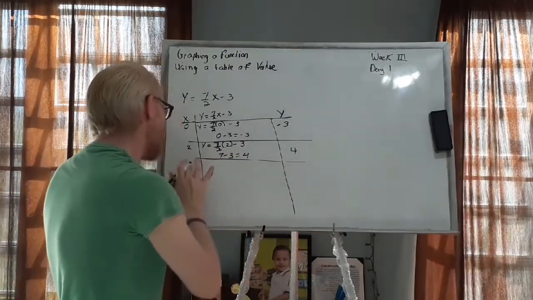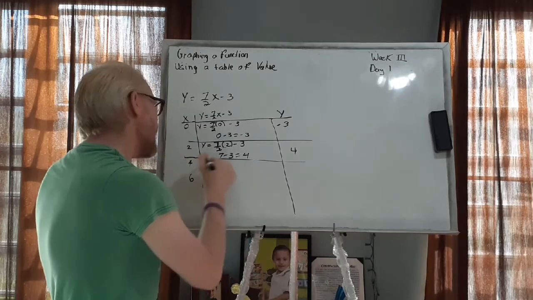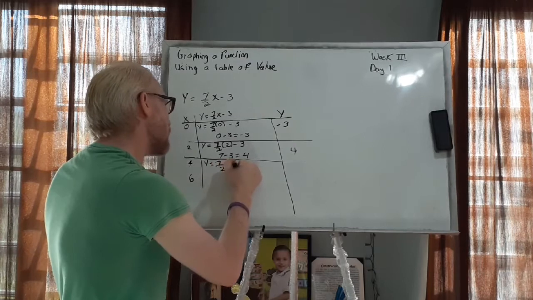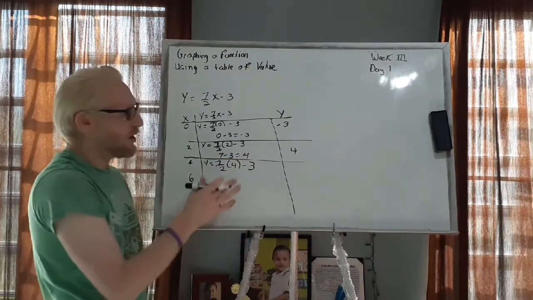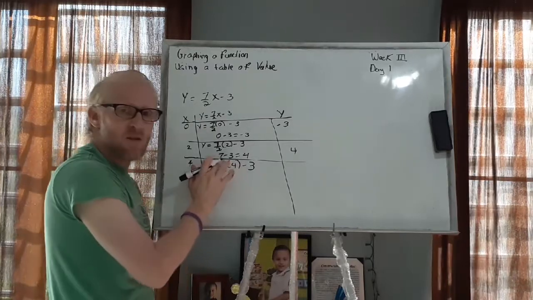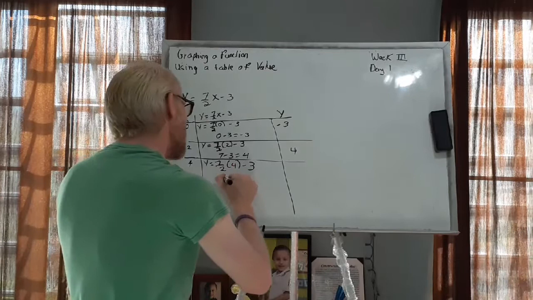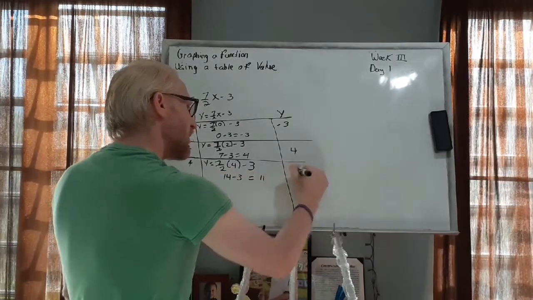Now I'm going to do the same thing here. I'm going to plug in 4, and I'm going to say y equals 7 over 2 times 4 minus 3. Okay? 7 over 2 times 4 minus 3. 4 times 7 is 28, and 28 divided by 2 is 14. And then I subtract 14 minus 3, which equals 11. So this would be 11.